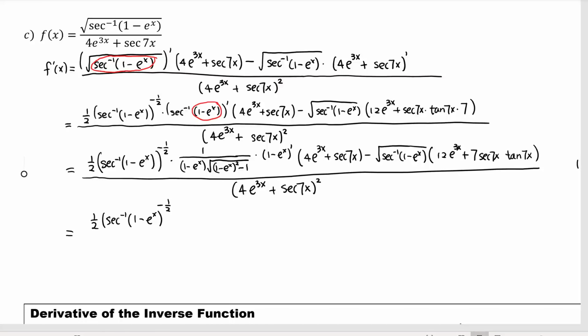So here the derivative of 1 minus e^x is negative e^x. Or you can put a parenthesis here to indicate we don't subtract, we multiply.